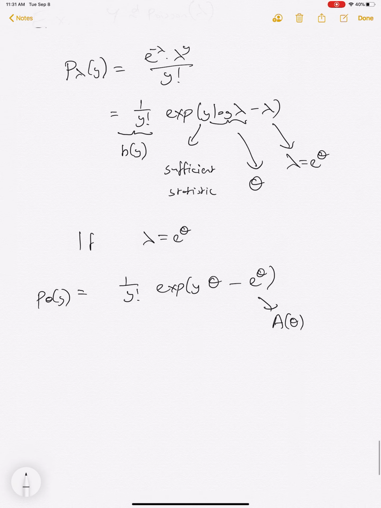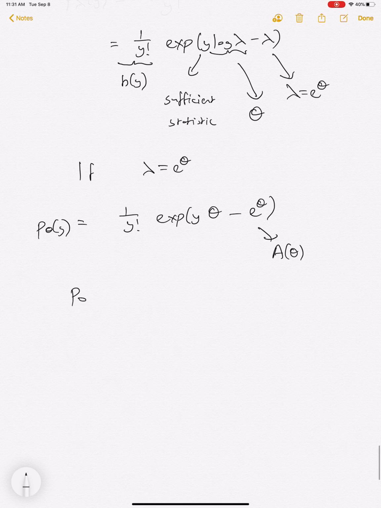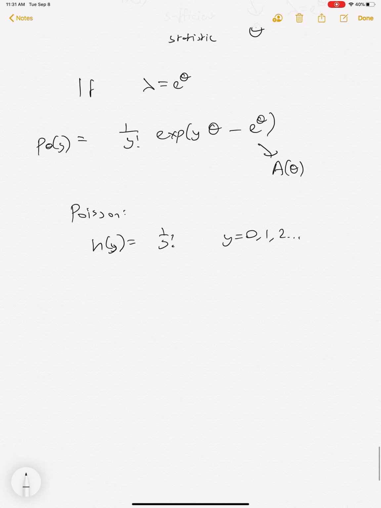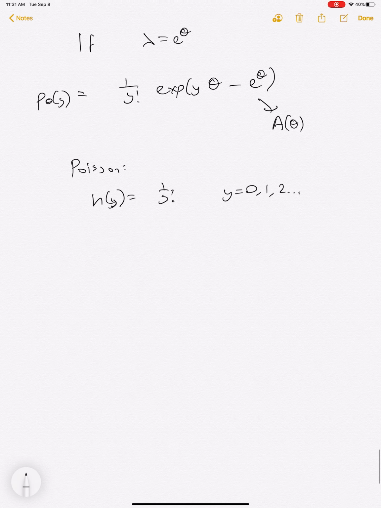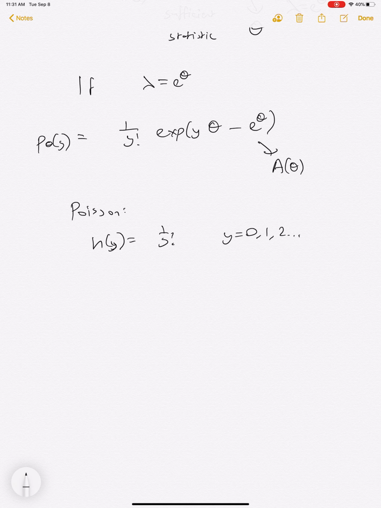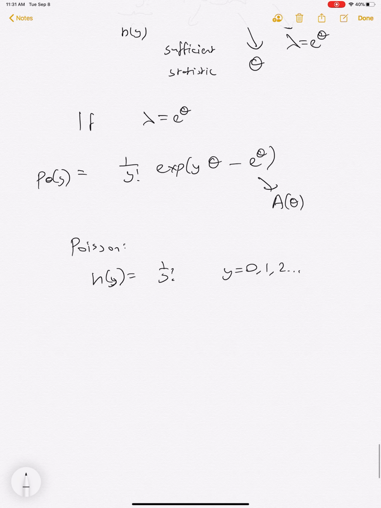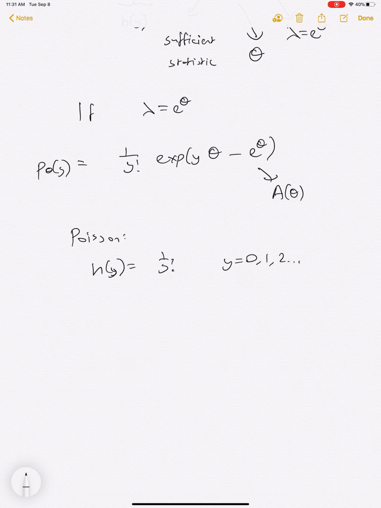So for Poisson, we have that h of y equals 1 over y factorial, and remember that y equals 0, 1, 2, and so on. And this is actually a probability distribution in itself that corresponds exactly to the case where theta equals 0.